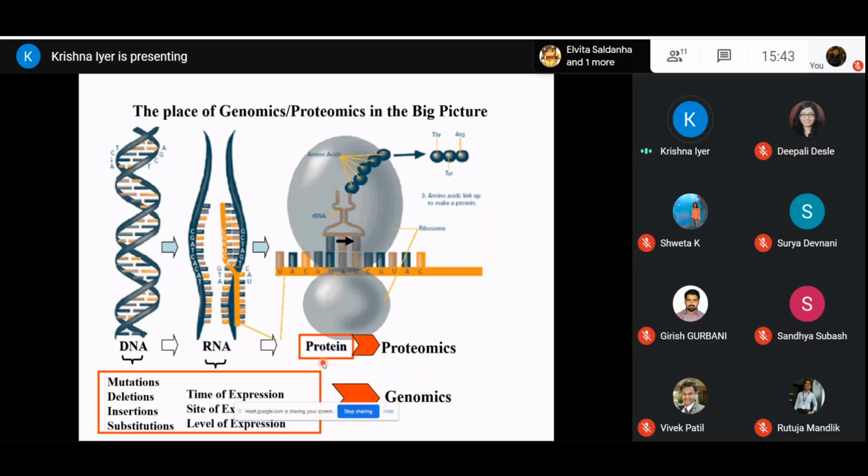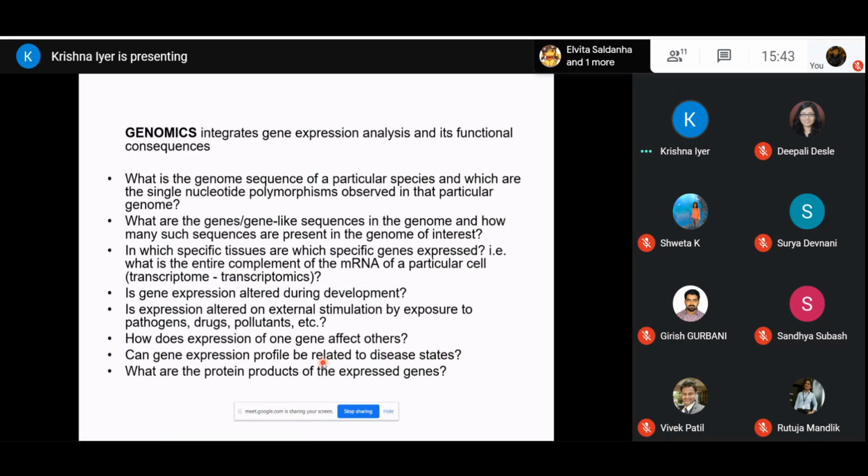Now, with respect to only genomics, what it does is integrate the nature of the genome, the genes present on the genome, their functional expression, and the consequences of the expression of genes.